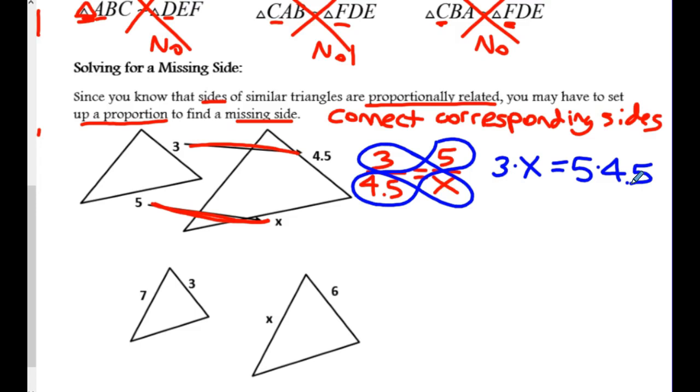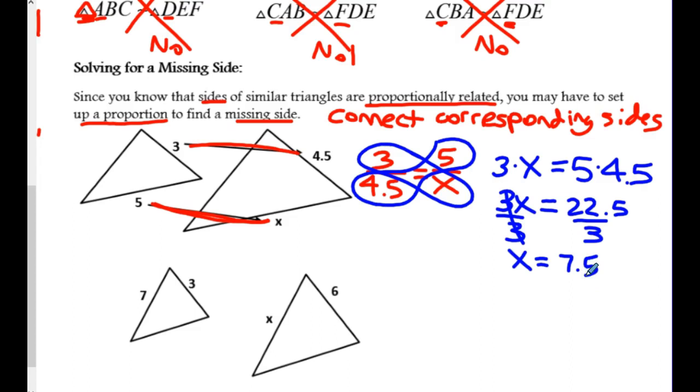So 3 times x on the left side is 3x. 5 times 4.5 on the right is 22.5. And then I'm going to divide by that coefficient 3 on both sides. 22.5 divided by 3 is 7.5. I did it earlier, but yeah.